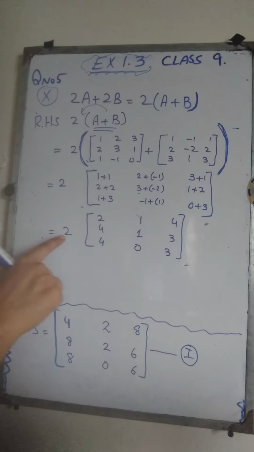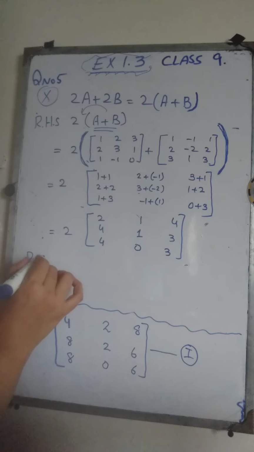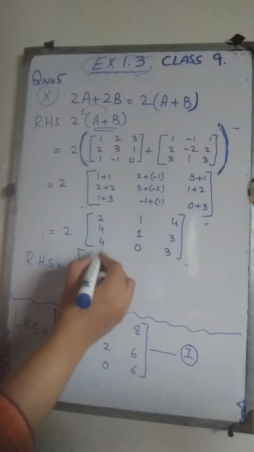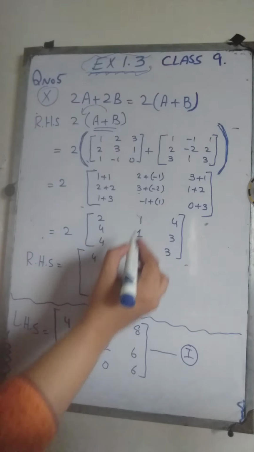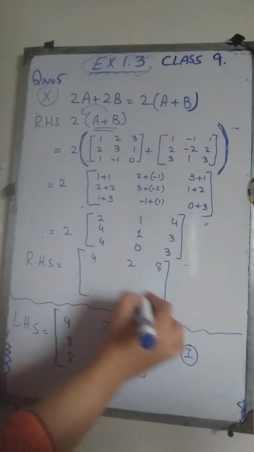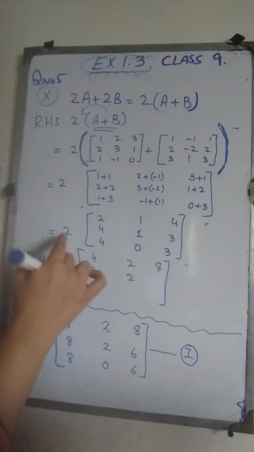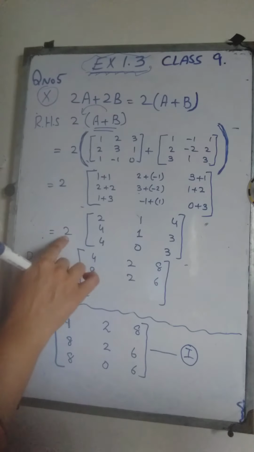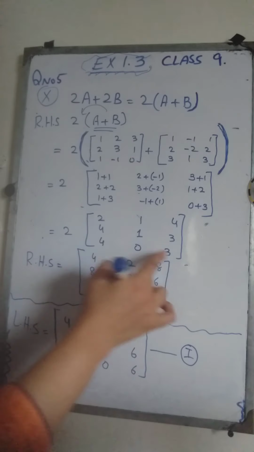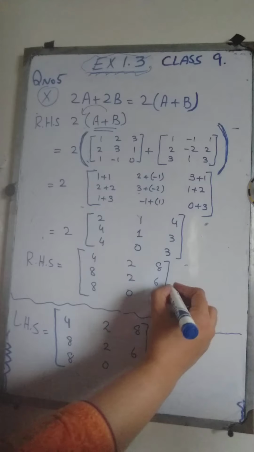Now multiplying it with 2 we get the answer for the right hand side, the final answer. 2 × 2 is 4, 2 × 1 is 2, 2 × 4 is 8, 2 × 4 is 8, 2 × 1 is 2, 2 × 3 is 6, 2 × 4 is 8, 2 × 0 will be 0 and 2 3s are 6.